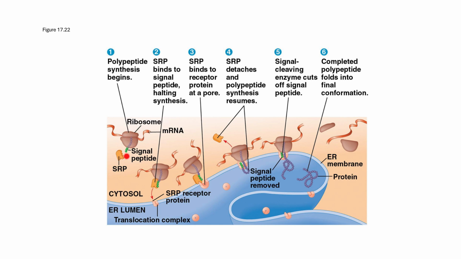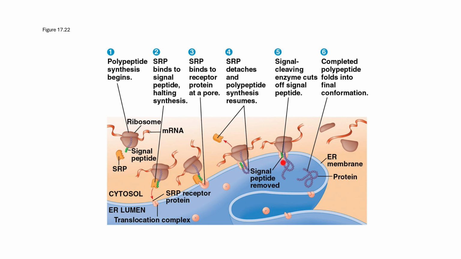And then if there's a signal peptide that is there, the SRP is going to bind to the signal peptide, halting synthesis so that the SRP can bind to a protein at the pore, a receptor protein that is at the pore of the endoplasmic reticulum. The SRP will then detach and the polypeptide synthesis is going to resume now that the ribosome is attached to the endoplasmic reticulum.